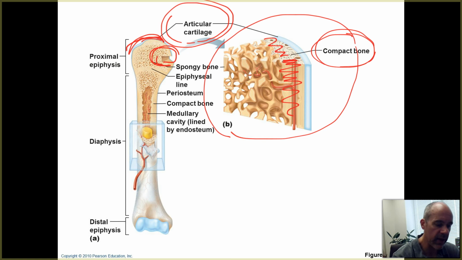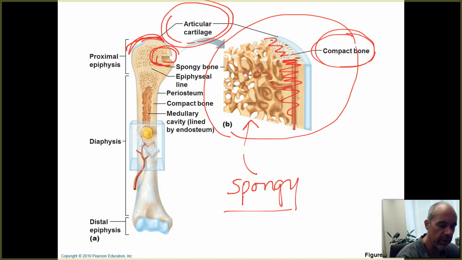That's very dense. You don't have a lot of spaces in between. And then in the internal portions there, that's where you have your spongy bone or your cancellous bone, your trabecular bone. So do you see you've got spaces in there, and these are these little T-shaped subunits that are called trabeculae that make up the spongy bone.